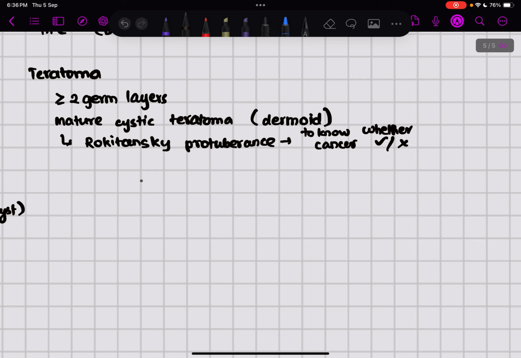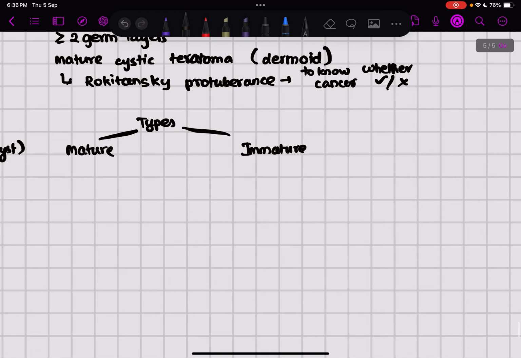With this we move on to the types of teratoma, which are mature and immature. A mature teratoma is benign, whereas immature is malignant. There are no primitive elements in mature, whereas primitive elements are present in immature.